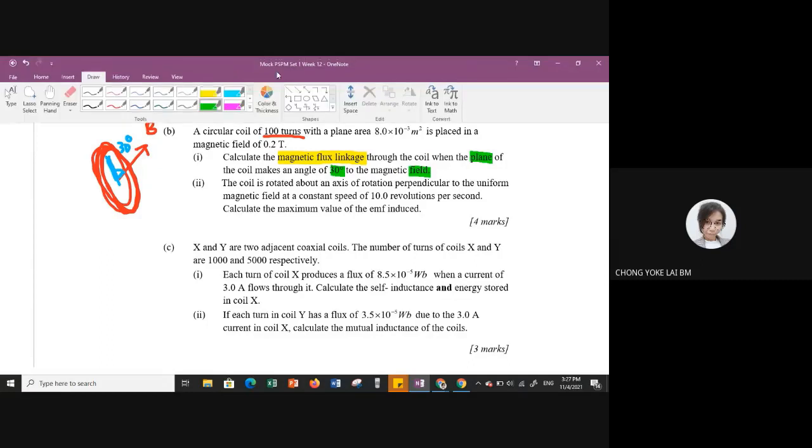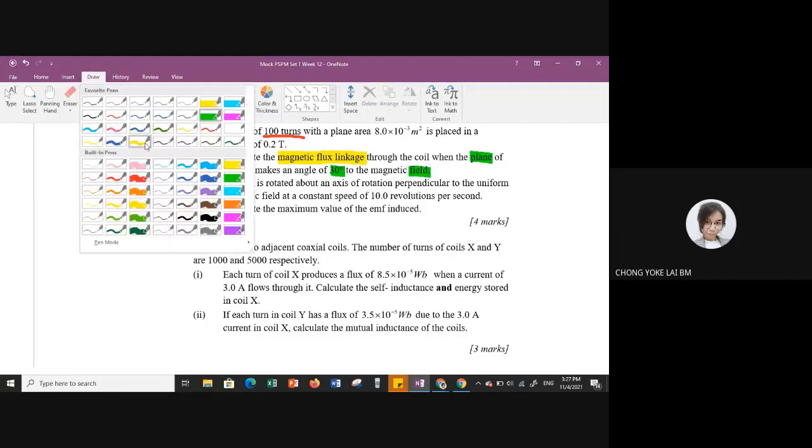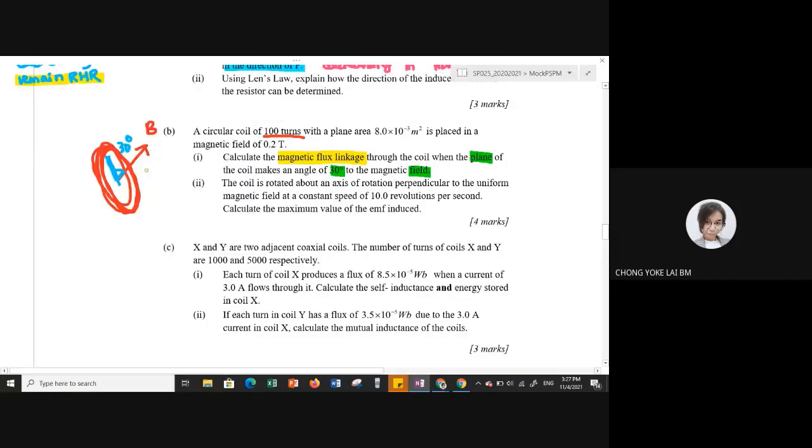So, our angle in formula must be the normal of the coil with B. Ini adalah theta kita. So our theta should be 90 minus 30, 90 minus 30 is 60 degree.